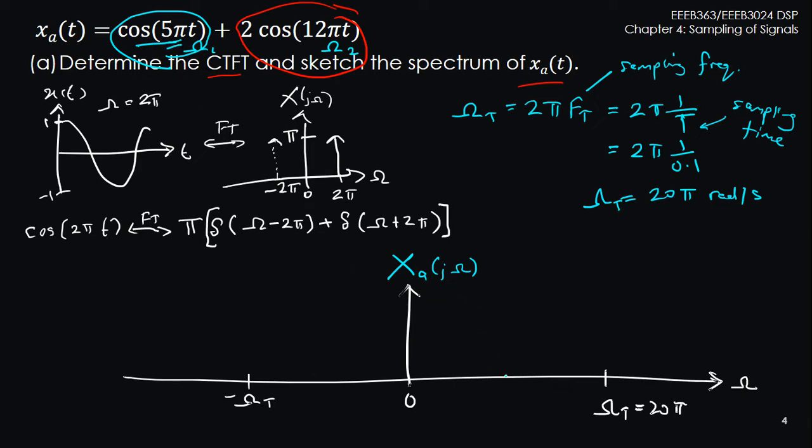That means you will have a pulse located at 5. It is helpful to scale all this as close as you can. You don't have to be so exact, but it does help. So that's 10 pi. If you know that this is 20, this is 10. Thus that will make this minus 20 pi, and over here, minus 10 pi.